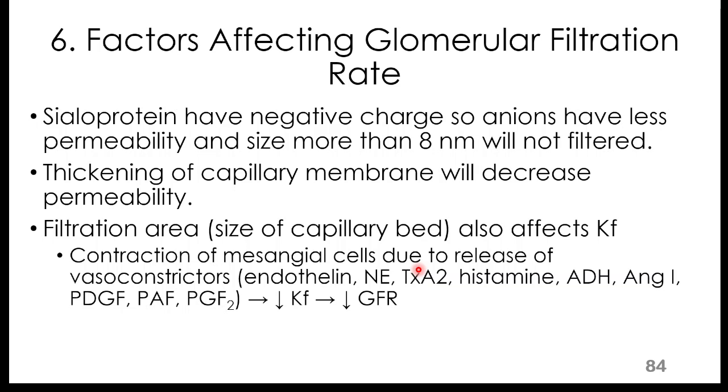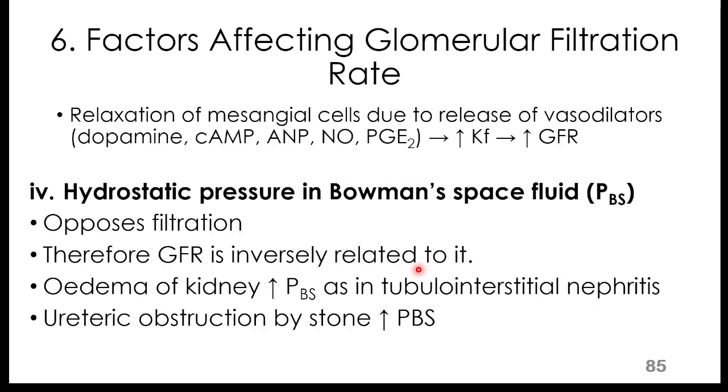So in a situation where the blood pressure is going down and the intravascular volume is being lost from hemorrhage, the adaptive systems of the body will cause vasoconstriction of the afferent arterioles, which will reduce, among other things, the renal plasma flow. It will also reduce the size of the capillary bed, thereby reducing filtration coefficient and reducing glomerular filtration rate.